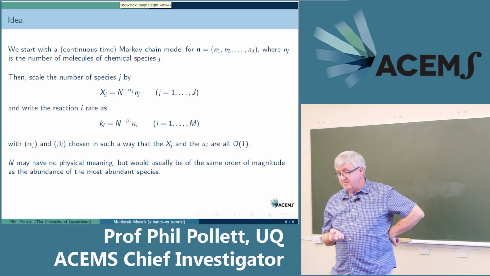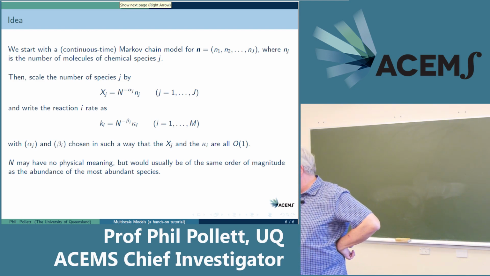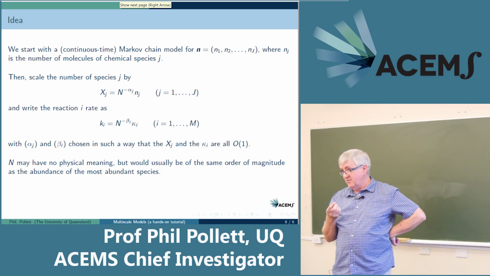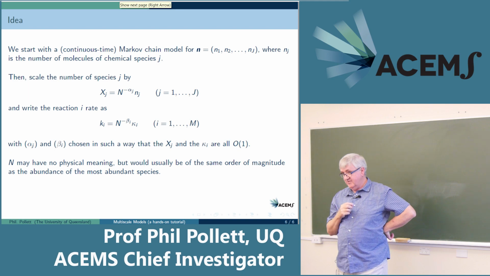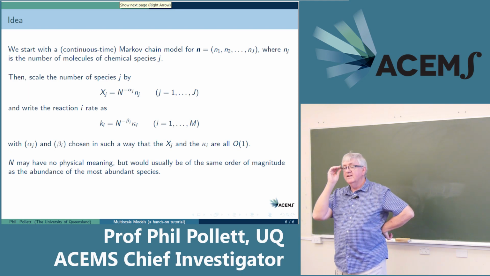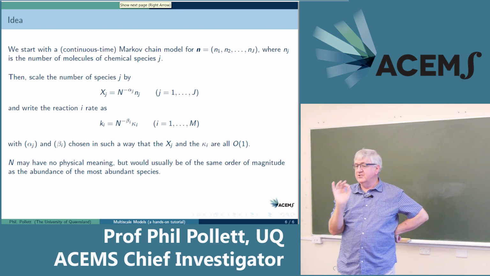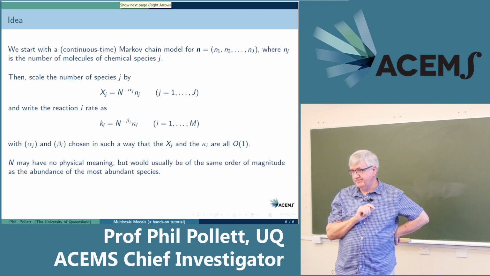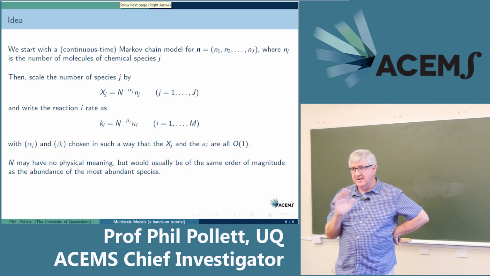Having said that, you might remember that it was K5 in the previous example, and that's the fastest reaction rate, the biggest reaction rate. So the art is choosing these alphas and betas in such a way that the xj's, the scaled variables, are all of order 1, and so are these quantities kappa, which you can think of as scale-independent reaction rates. Okay, so that's the idea.